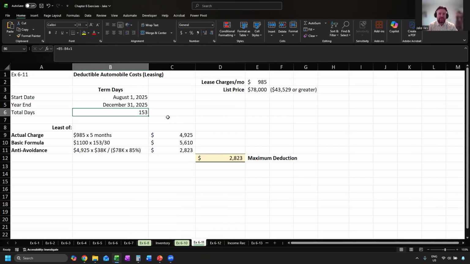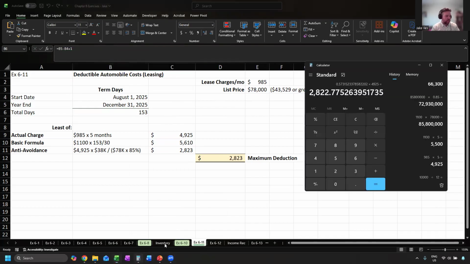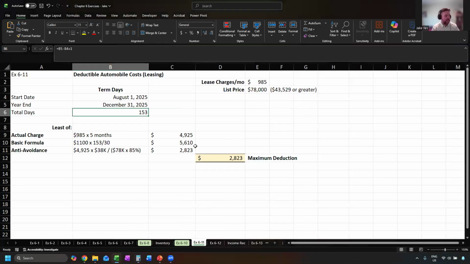It's actually 153 days. So 153 divided by 30 is 5.1 months is the calculation. So our cumulative formula says, well, we could have deducted $5,610, but that's above our $4,925. So we're limited only by the anti-avoidance formula, which says $2,823 is the maximum deduction.